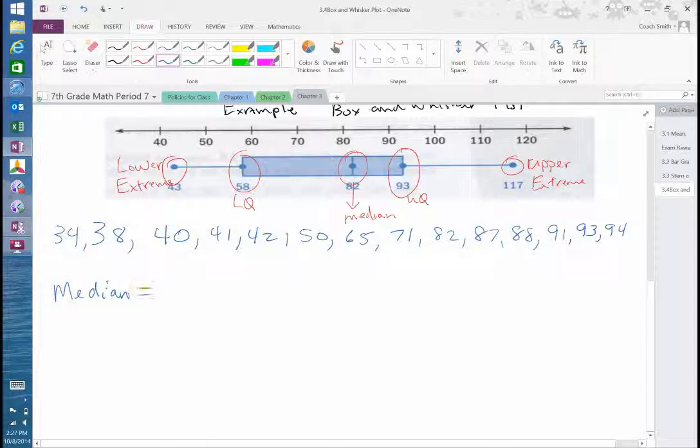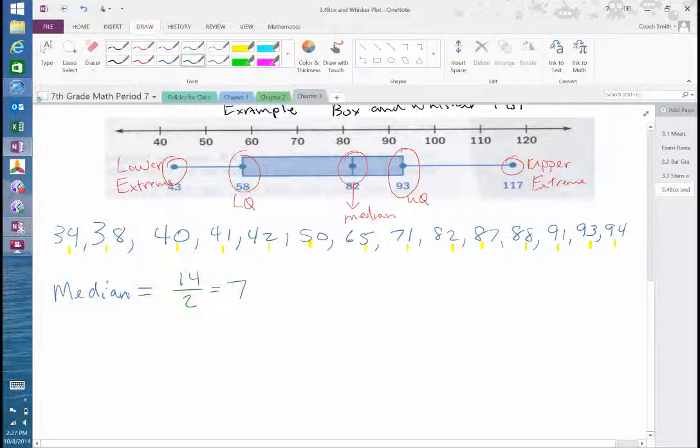The median is representative of the middle number. Let's see how many numbers we have. We have 1, 2, 3, 4, 5, 6, 7, 8, 9, 10, 11, 12, 13, 14 numbers. So instead of marking out all the different numbers, we simply do this. 14 divided by 2 is equal to 7.